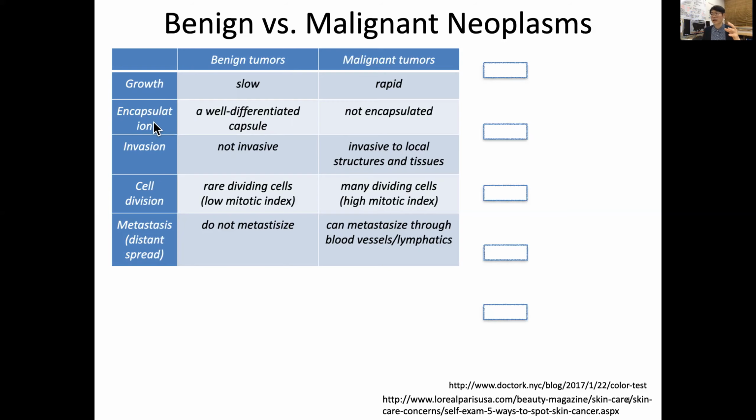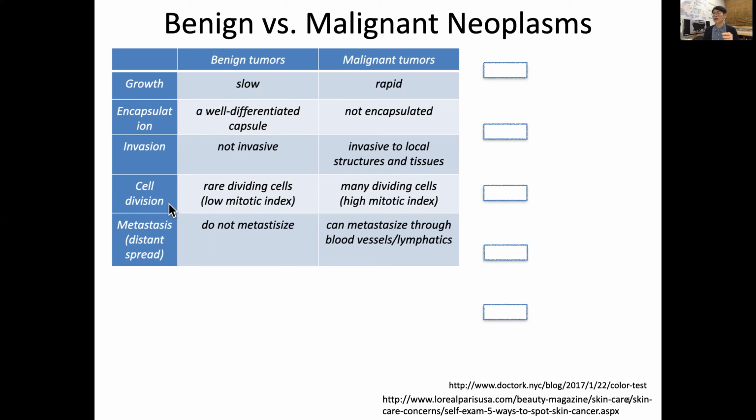So encapsulation is another clue to differentiate benign from malignant. If there is a differentiated capsule, it's rather benign. If not, the cancer cells can infiltrate. Because of that, benign tumors are not invasive, while malignant tumors are invasive to local structures and tissues. That is a problem.